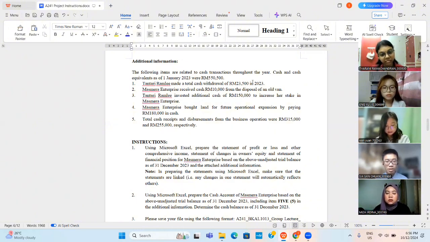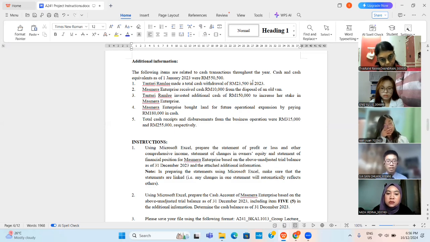For the first transaction, Tantali Ramli made a total cash withdrawal of 27,500 in 2023. You can note that the cash withdrawal is an expense because it's taken out from the business. For the second, Masmera Enterprise received 10,000 from the disposal of oven. So from the disposal we receive money, so it's adding cash. Is everyone clear or not?